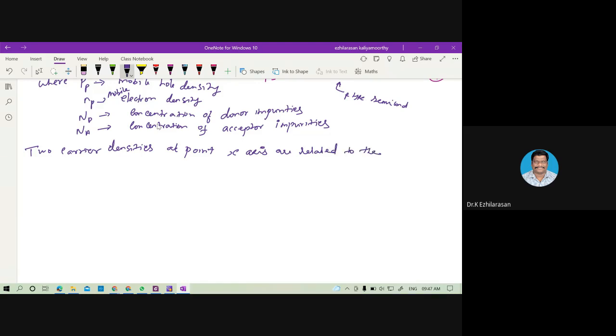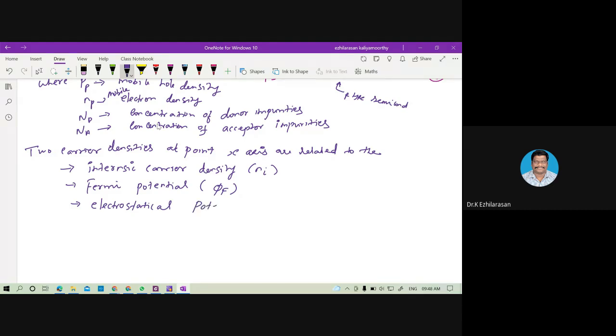They are related to, first, the intrinsic carrier density, which will be written as Ni, and second, the Fermi potential, which will be given as phi F, then the electrostatic potential, which will be phi of x.